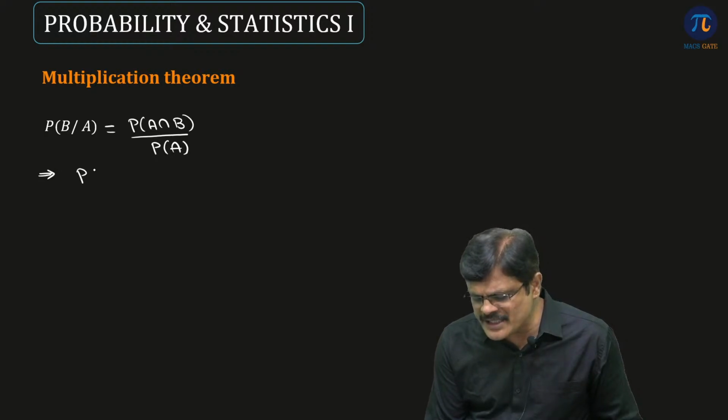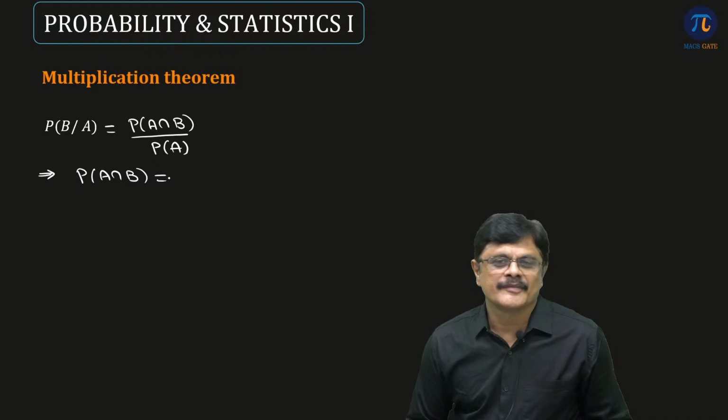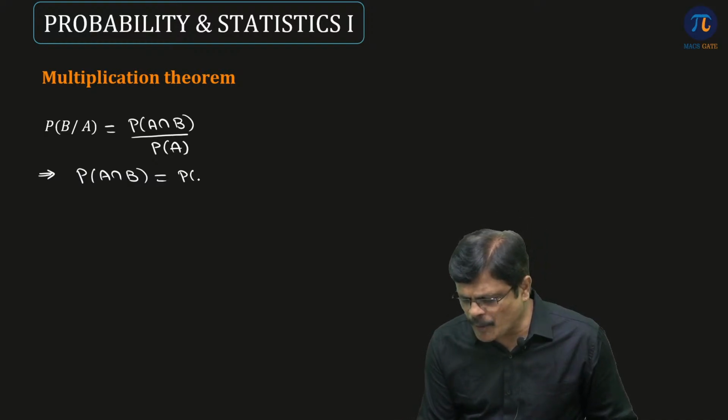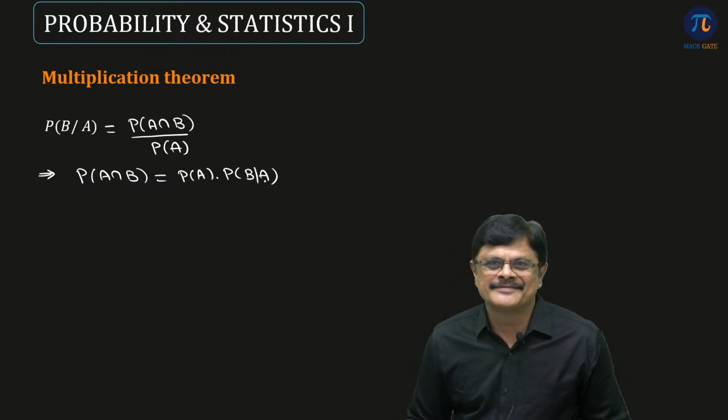can you tell me what is the probability of A intersection B? It is probability of A into probability of B when A has already happened.